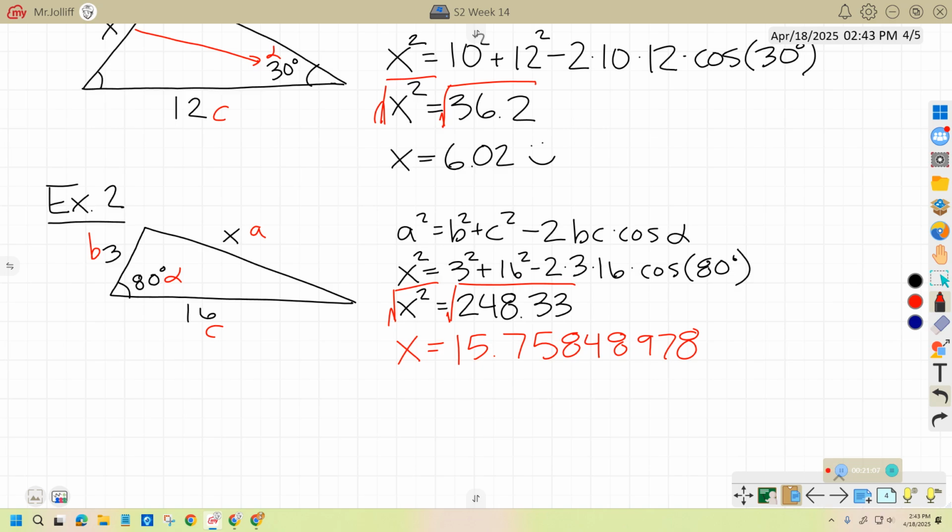If you do this the exact way, you get 15.7584823. Notice where the difference between those answers is happening. 1, 2, 3, 4, 5, 6th place past the decimal, right? This is where that first difference happens.